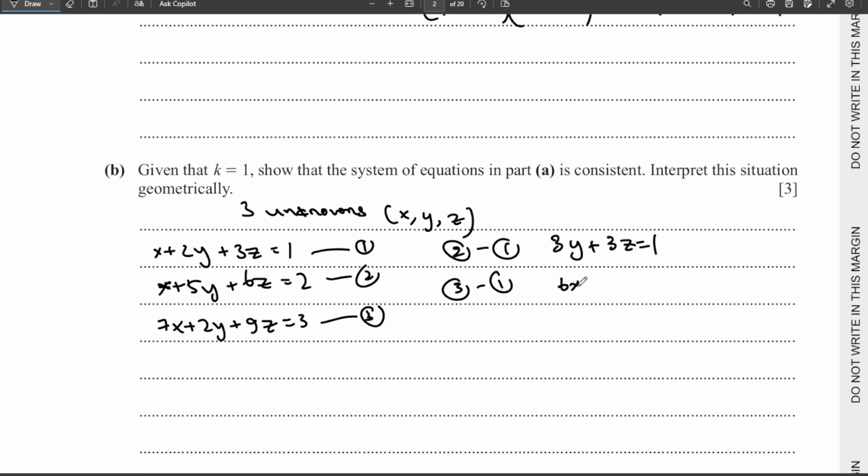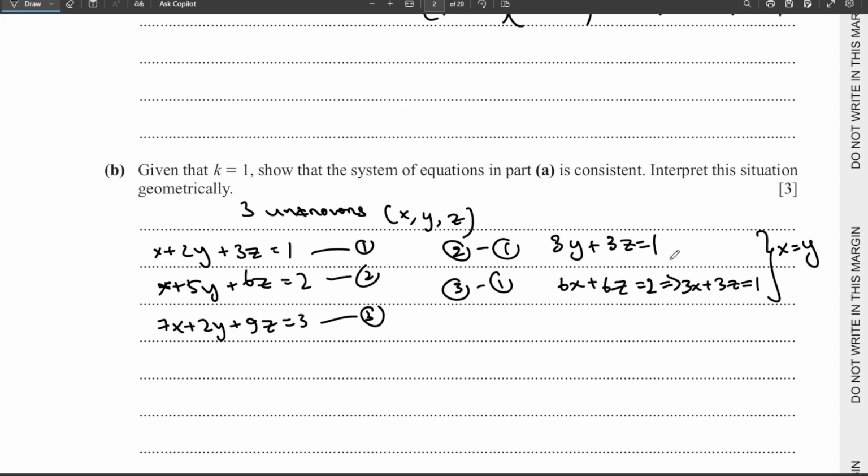So we have 6x plus 6z equals 2, which we simplify into 3x plus 3z equals 1. From these two equations, we can eliminate z, and we just end up with x equals y.